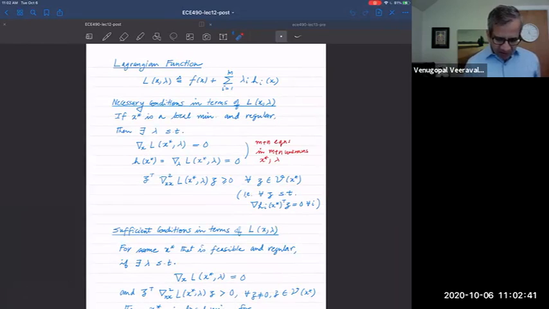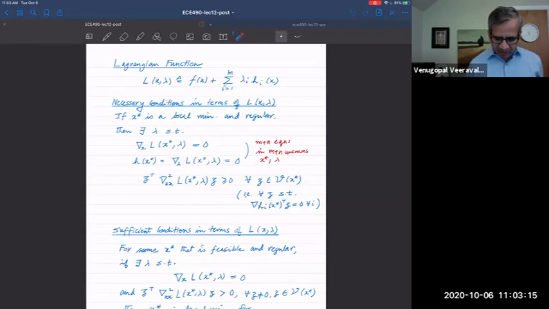The second order necessary condition says that the Hessian of my Lagrangian function with respect to x, when you pre-multiply by z transpose and post-multiply by z, gives something non-negative, not for all z, but for all z such that h_i transpose z equals 0.